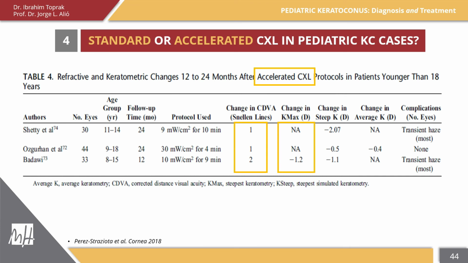The other important question is standard or accelerated cross-linking procedures in pediatric keratoconus. There are some studies on accelerated cross-linking in pediatric keratoconus that reported promising results.